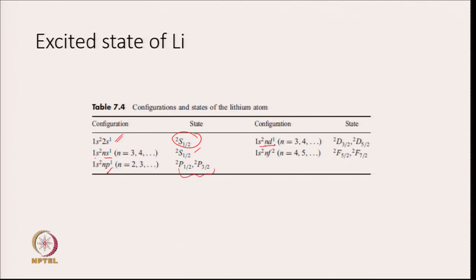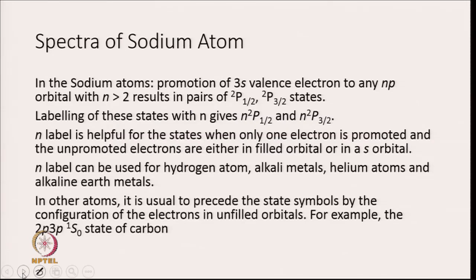It can go to d state, that will lead to 2 different terms, and if it goes to f state, it can give you 2 different terms. So, this is about one electron going from the ground state to an excited state. The excited state can be s level, can be p level, and can be d and f, and these are the different terms for different kinds of excited state.